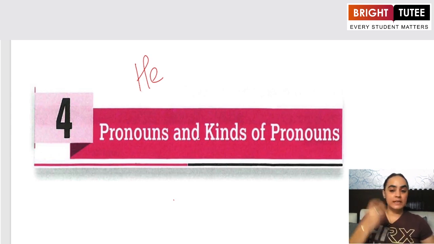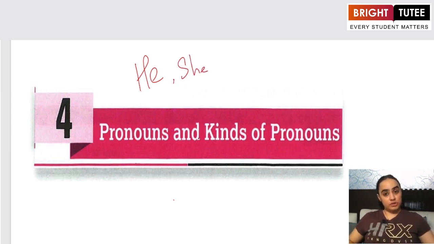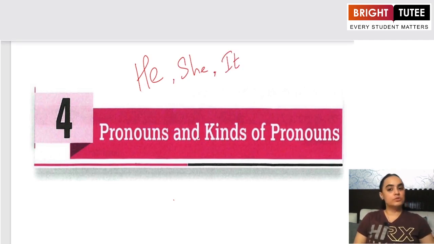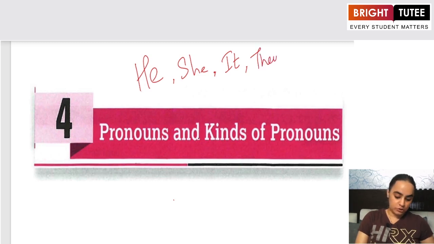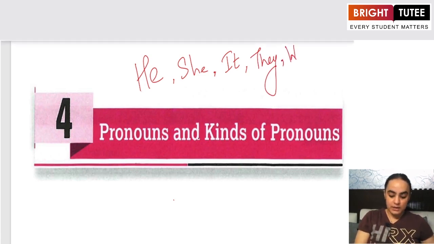If my noun is a male, I'm going to use he. If my noun is a female, I'm going to use she. If my noun is a non-living thing, I'm going to use it. If my noun is plural, I'm going to use they. If my noun includes me also, I'm going to use we, and so on and so on.